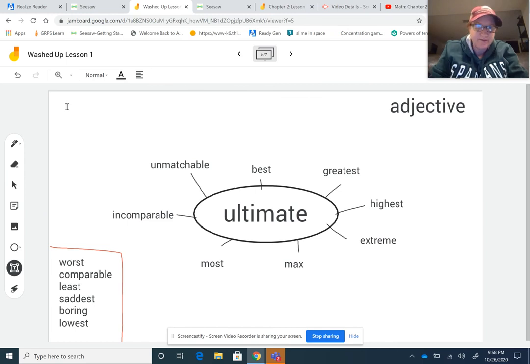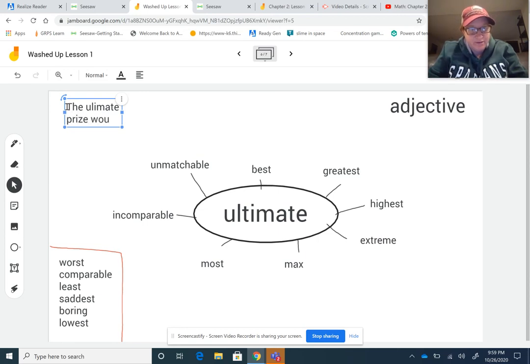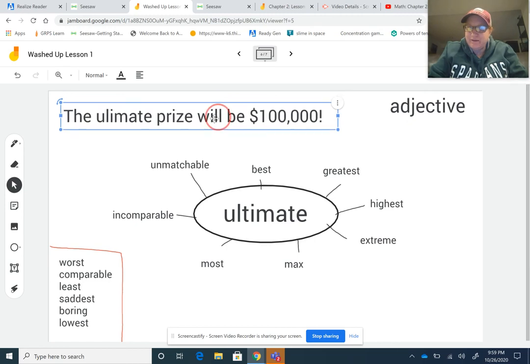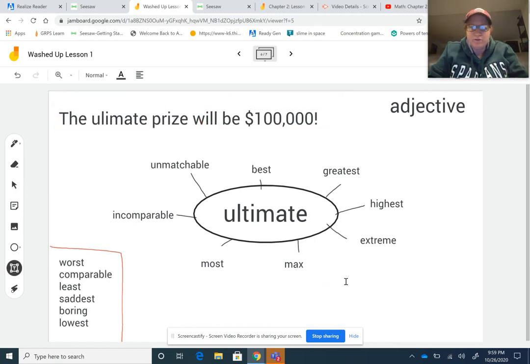The ultimate prize will be $100,000, and that would be exciting. So I'm going to put an exclamation point behind that, right? Who wouldn't love that? And then I will make that big. And there is really only ultimates as the only variation on this word.